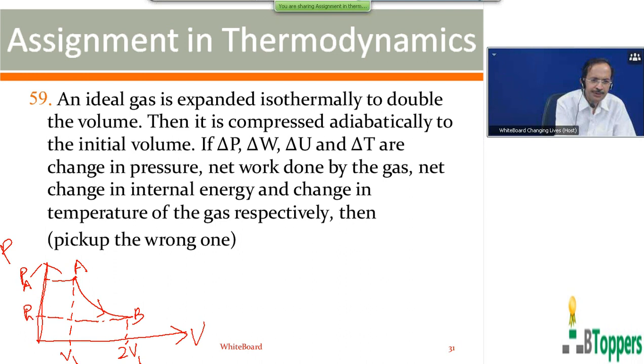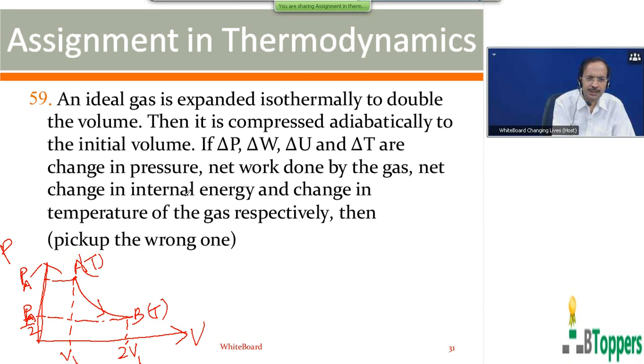So pressure at B will be half of the pressure at A by applying Boyle's law. But temperature at B is the same as the temperature at A, because process AB is the isothermal process in which temperature remains constant.